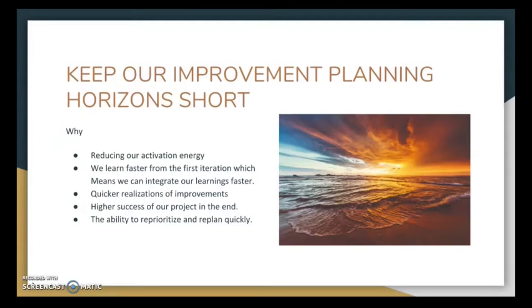Quicker realizations of improvements, higher success of our project in the end, and the ability to reprioritize and replan quickly. This gives us the upper hand in business to be able to continuously improve and continue to plan and be able to achieve the goals that we have planned.